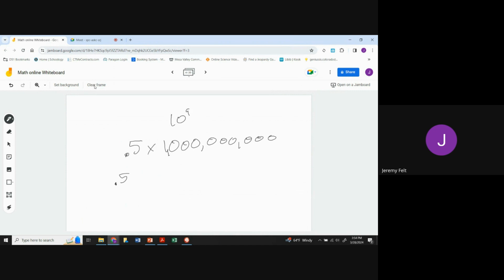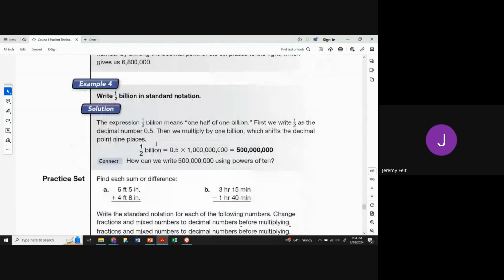So to the power of 9 means I'm going to move this 1, 2, 3, 4, 5, 6, 7, 8, 9 places, and fill in zeros for all those spaces. So we get 500 million.